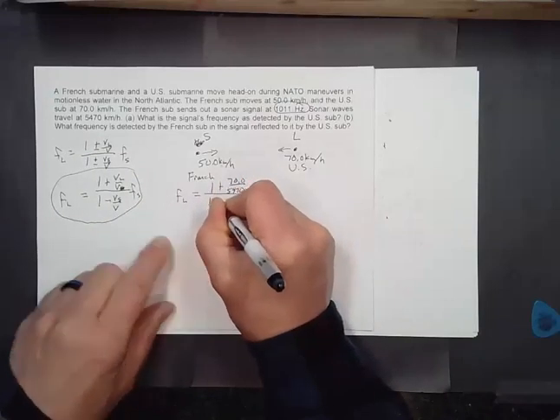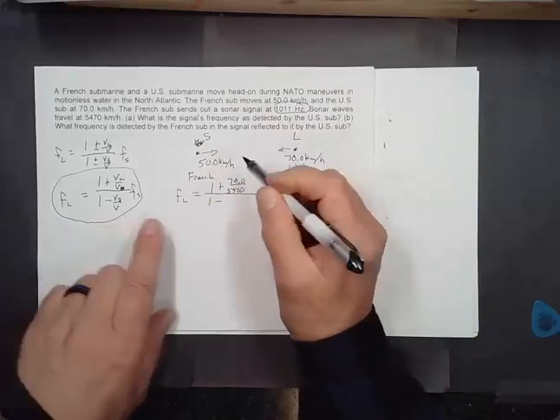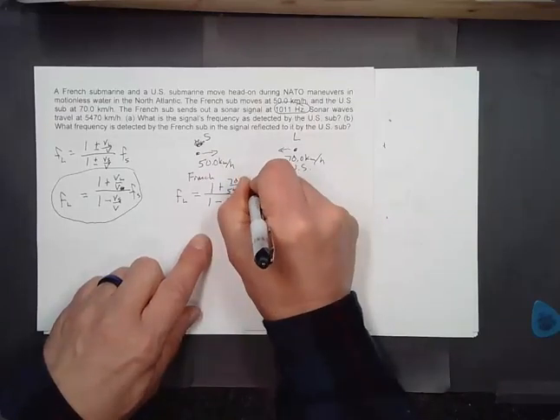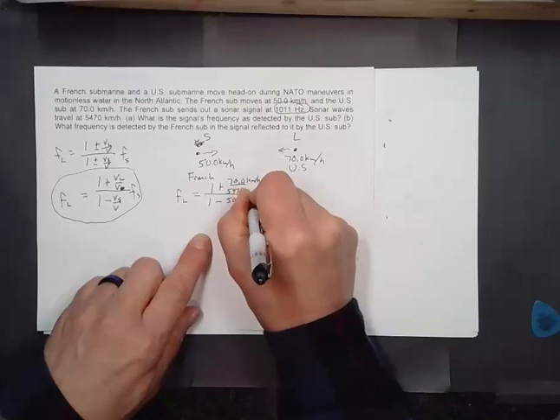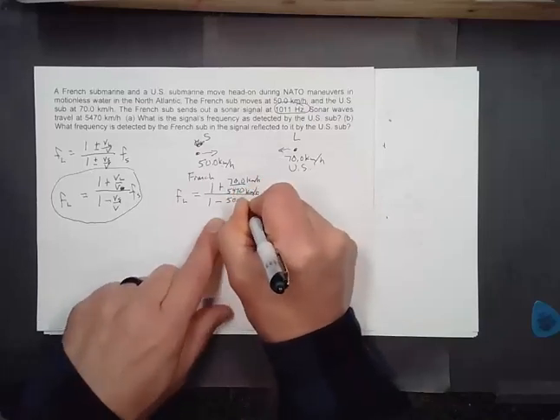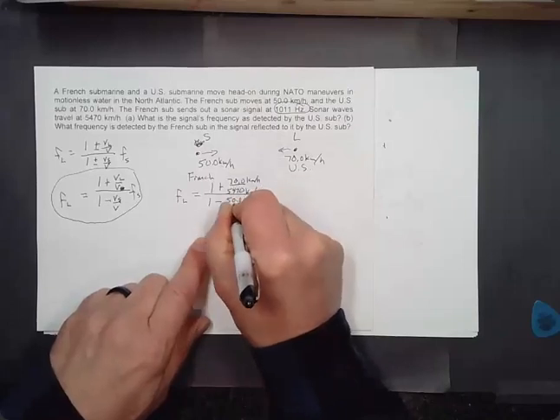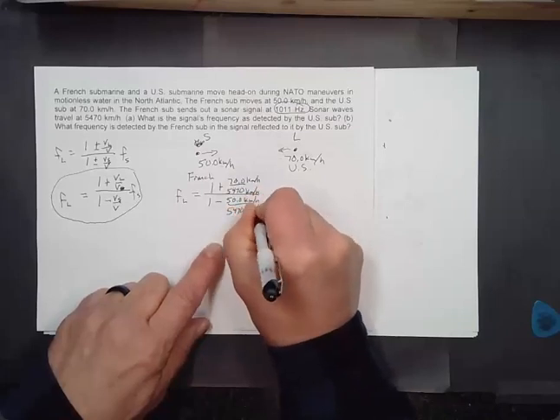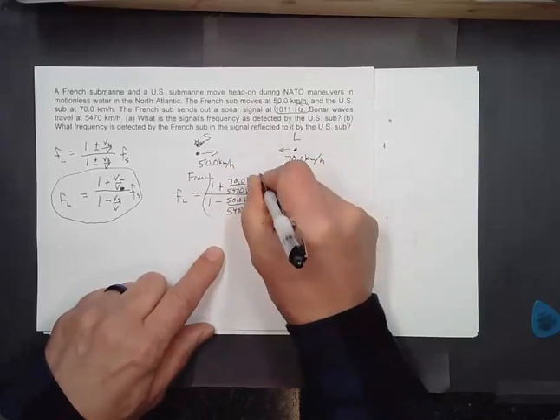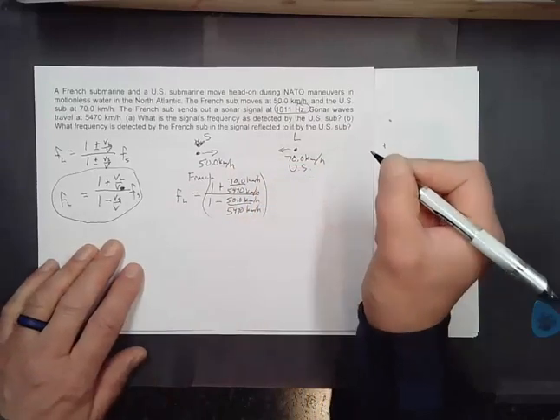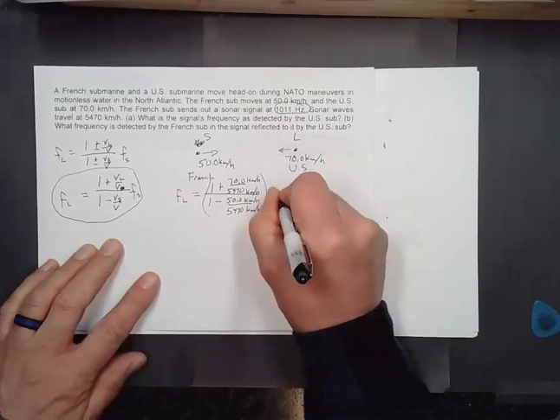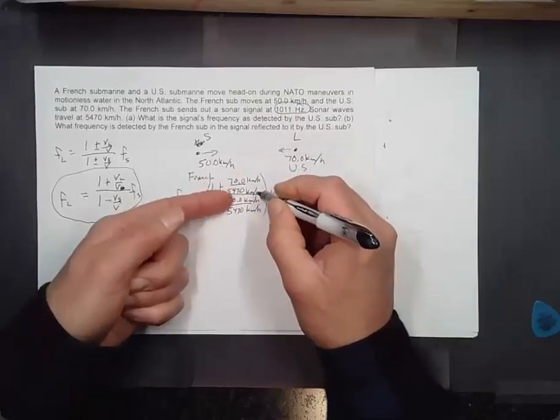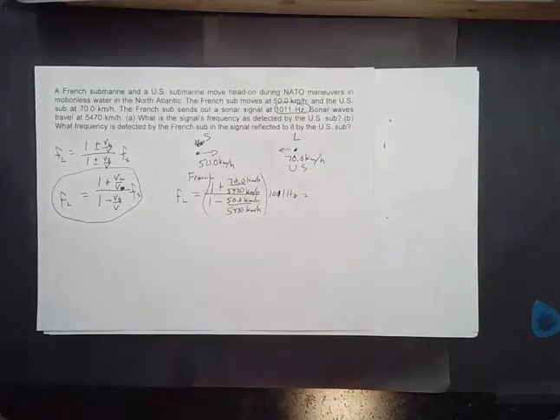And down here we'll have 1 minus the speed of the source, which is 50.0 kilometers per hour, over, again, the speed of sound. And then multiply all of that by 1011 hertz. Dimensionless quantity here, dimensionless quantity here, should be good.